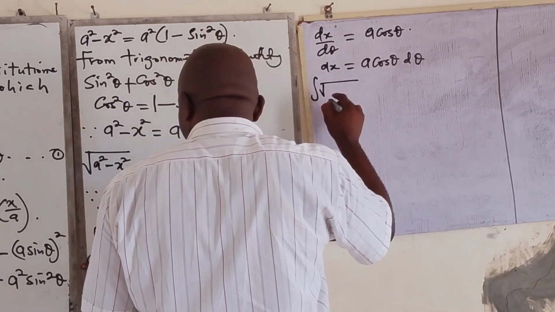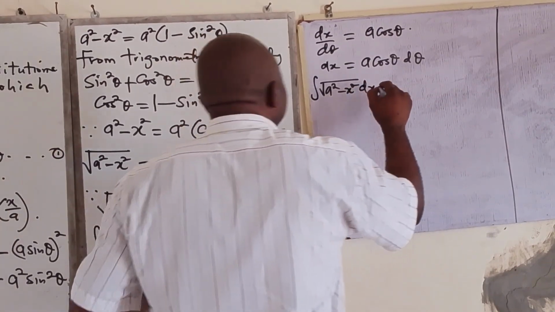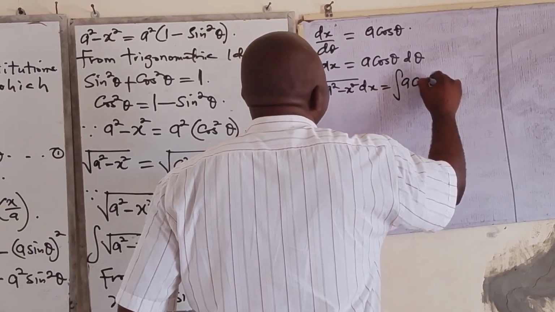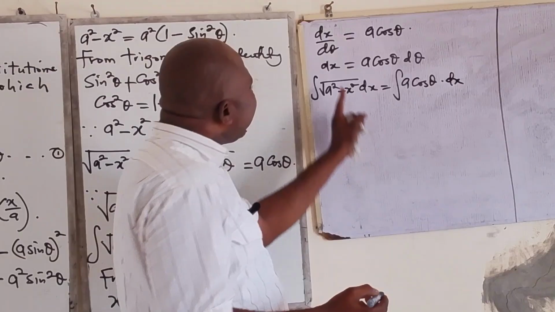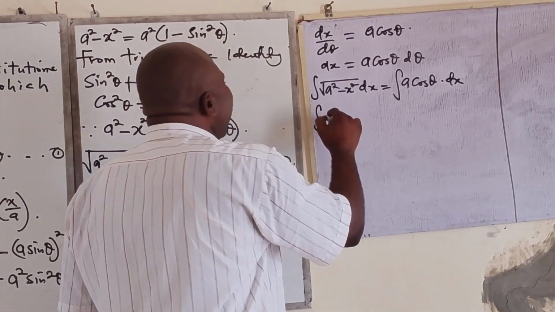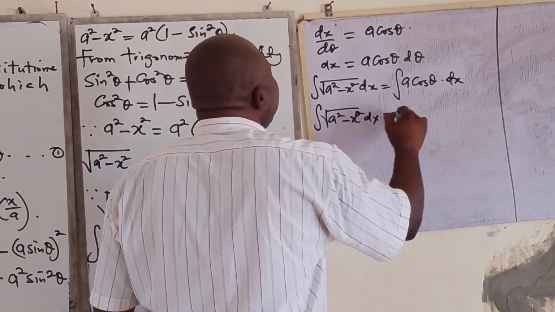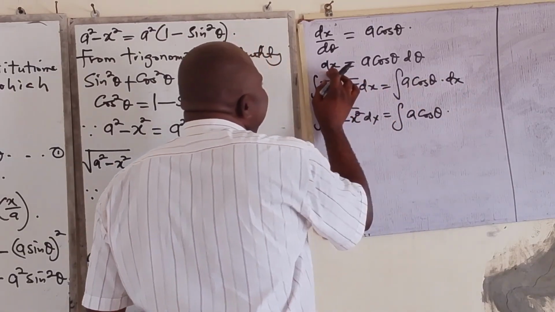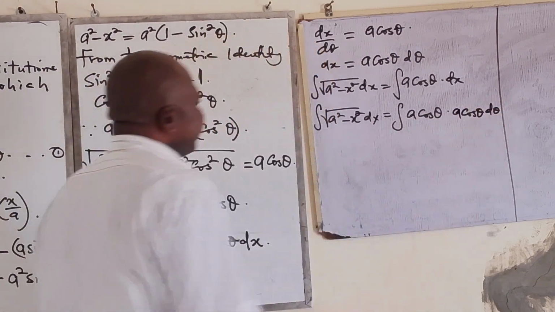The integral of the square root of a squared minus x squared dx is the same thing as the integral of a cos theta times dx, and dx is a cos theta d theta.